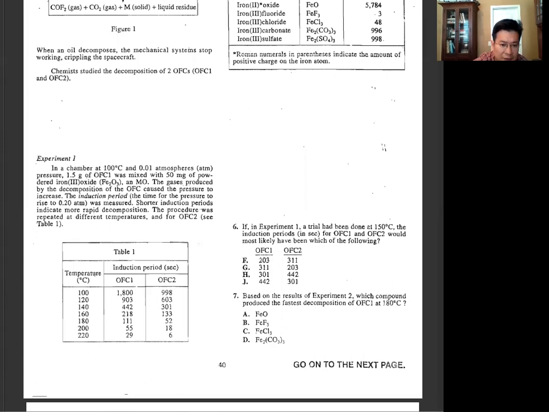Number 6: if the experiment 1 trial had been done at 150. It says 100 degrees right now, but then it's 150, so how is it going to be? The temperature is going up.